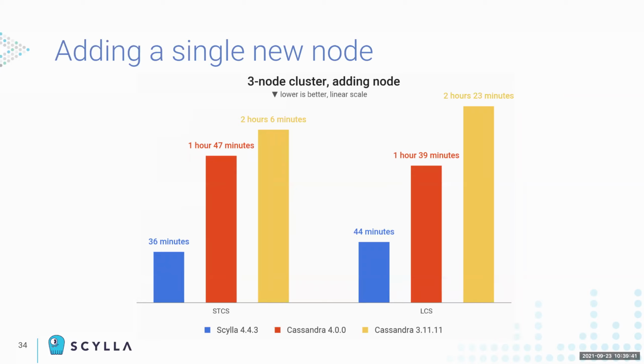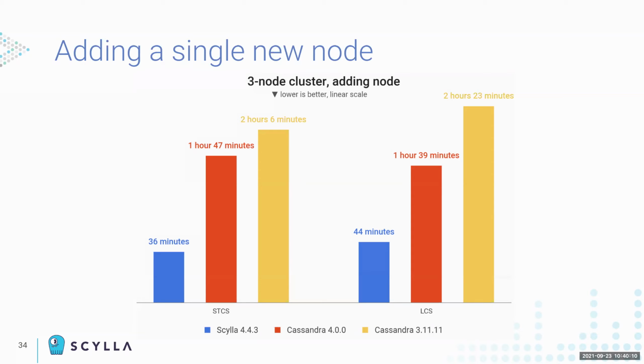So those are the times required to add a single node to the cluster. As we can see here, Scylla needs only 1/3 of Cassandra 4's time to add a single new node with STCS strategy, and about 44% of Cassandra 4's time when using LCS strategy.